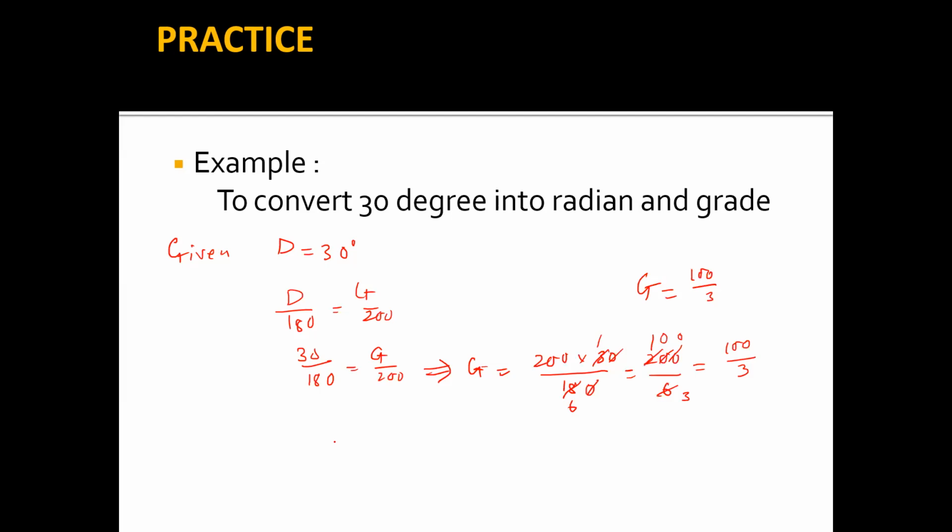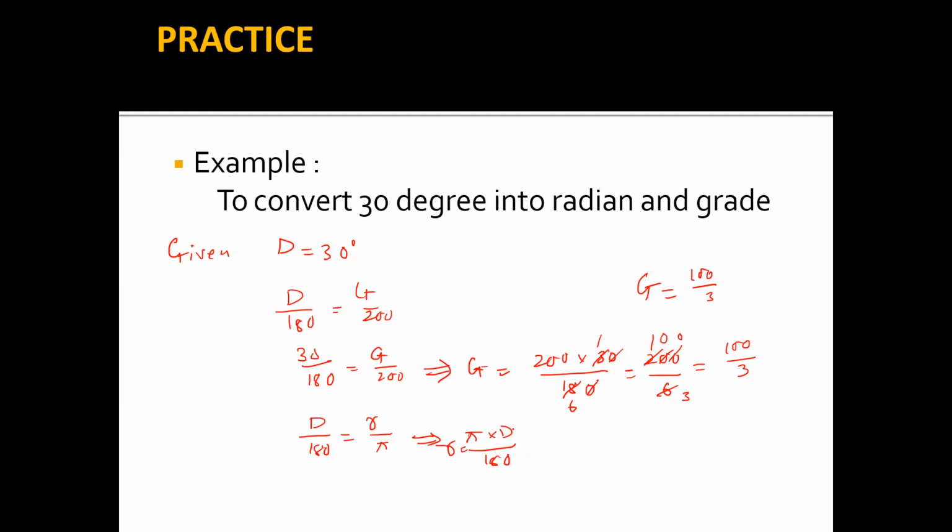We know the conversion relationship, that is D by 180 degrees equals radian by pi. Again, if pi changes its position, it will change the sign also, so pi will multiply with D. So here you will get R, where R means radian.